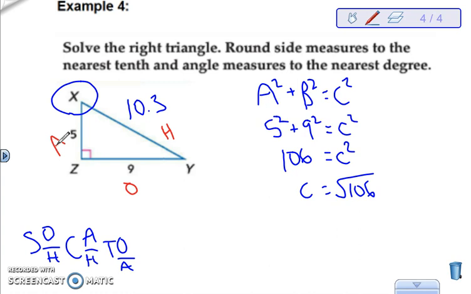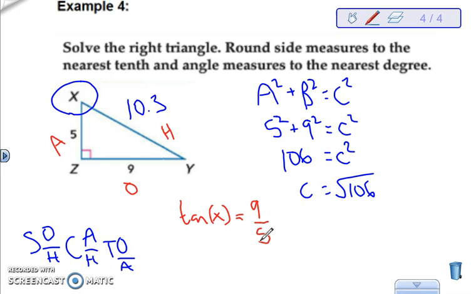And since I was given the 9 and the 5, I'm going to use the ratio that uses the opposite and adjacent legs, just in case we messed up the calculation on the hypotenuse, even though we're pretty sure that we got that right. So we can say that the tangent of angle x is the opposite leg, so 9 over the adjacent leg, which is 5.